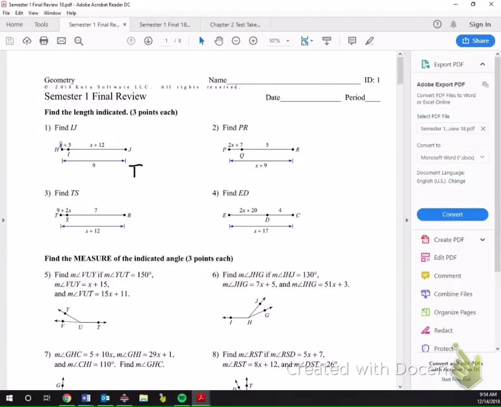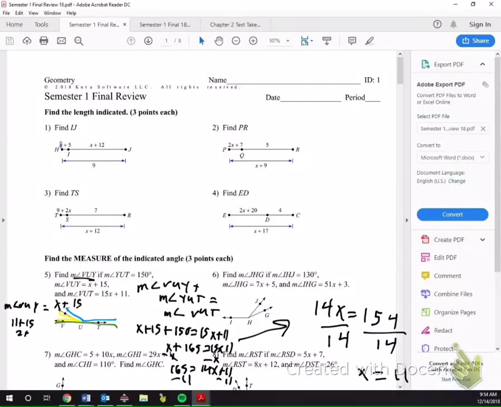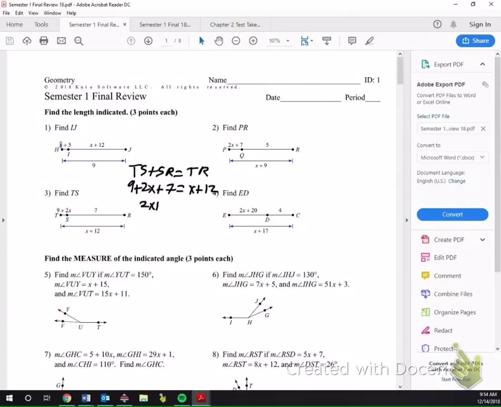So number 3, TS plus SR equals TR. That gives us 9 plus 2x plus 7 equals x plus 12. Combine like terms, we get 2x plus 16 equals x plus 12. Subtract 16 from both sides, we get 2x equals x minus 4.